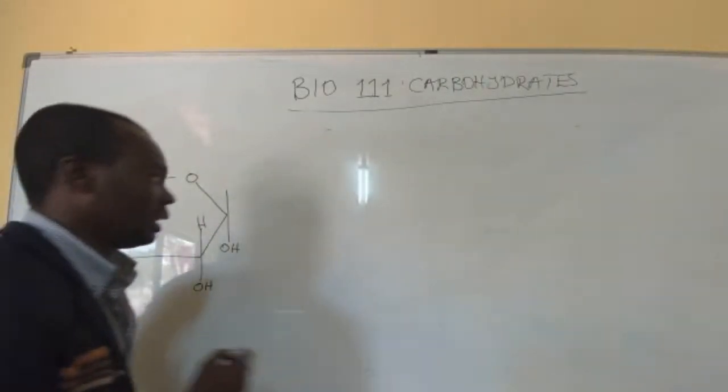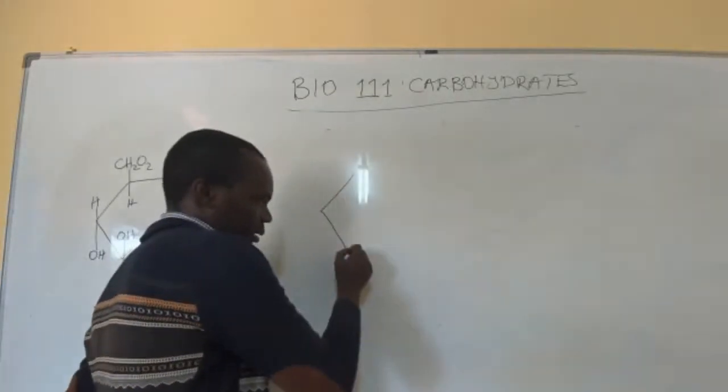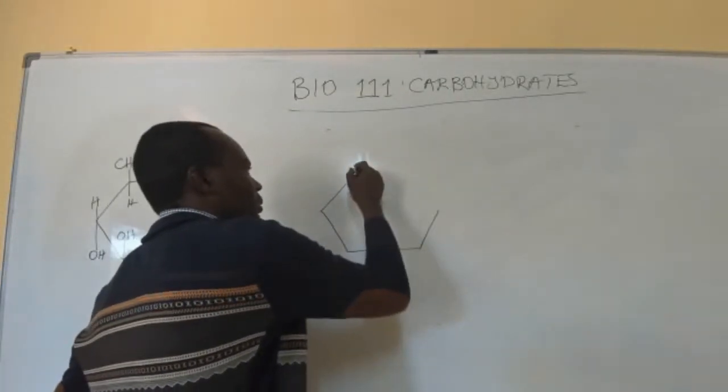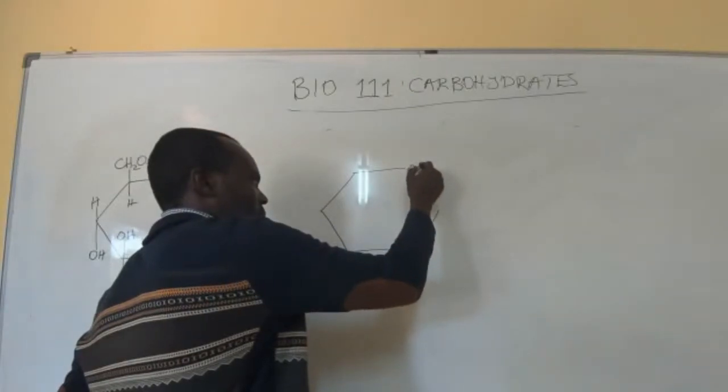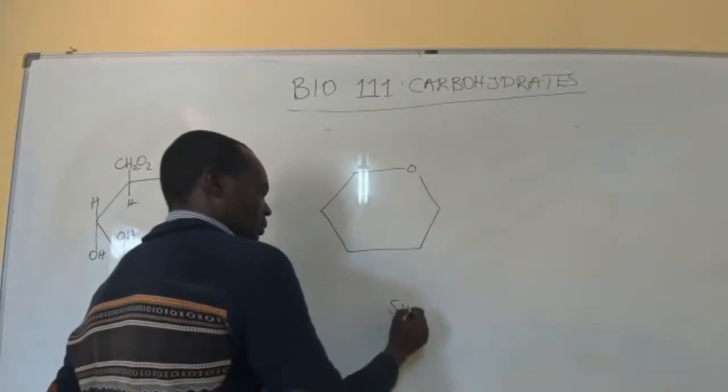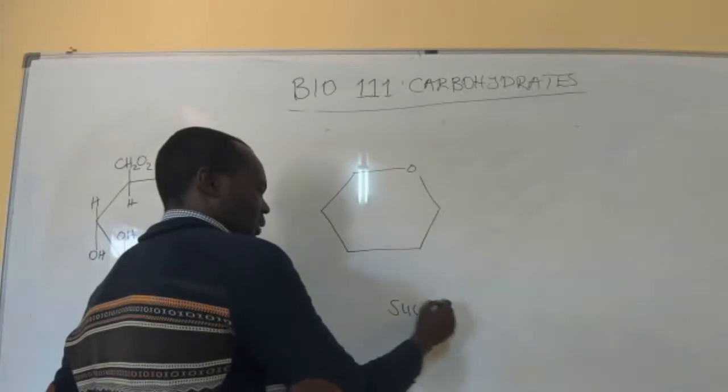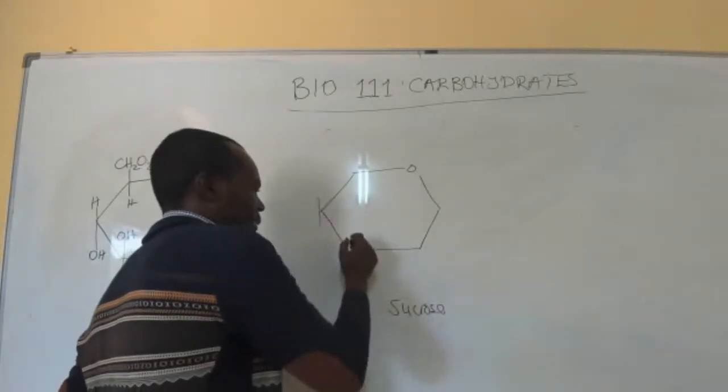An example of a disaccharide, let's take for instance your normal table sugar, your sucrose. Your sucrose is a disaccharide.